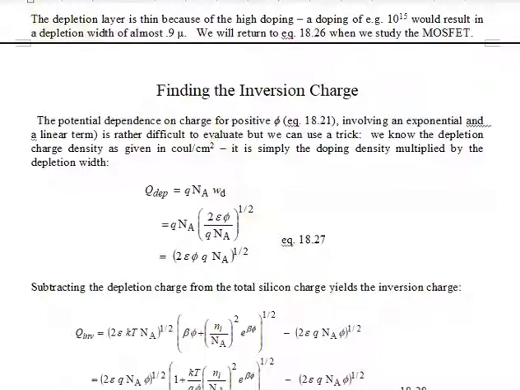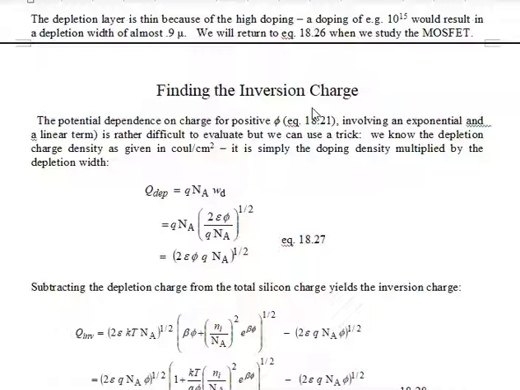So just one more little topic before we end it up today, finding the inversion charge. Well, we don't know really what the inversion charge is from our basic equations, and really there's no way to tell, because in inversion, or in depletion/inversion, we have an interplay between depletion charge and inversion charge.